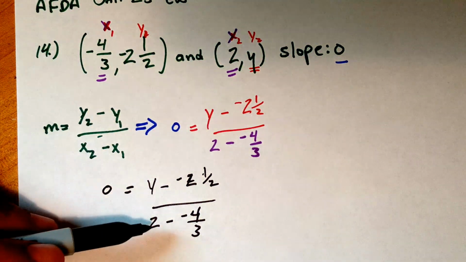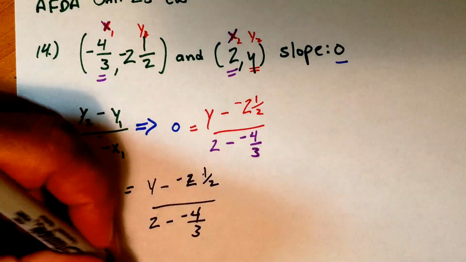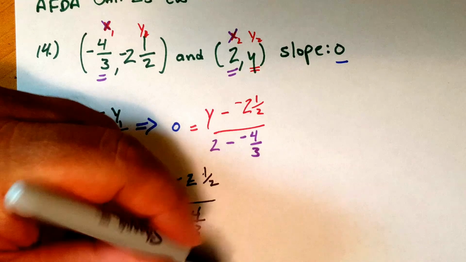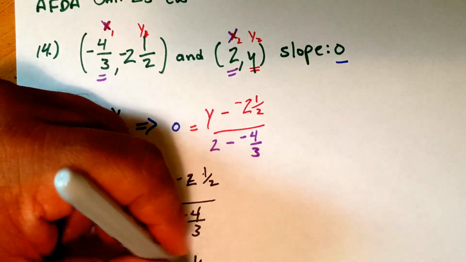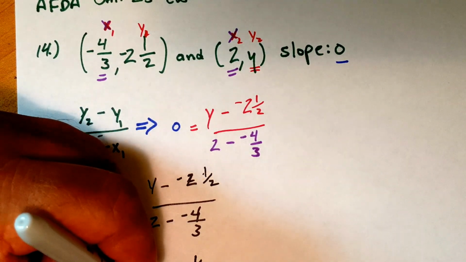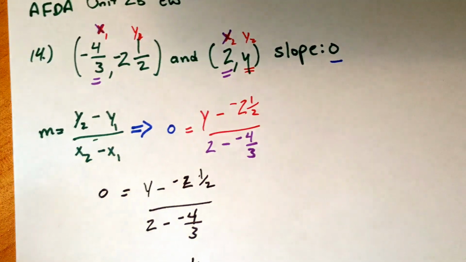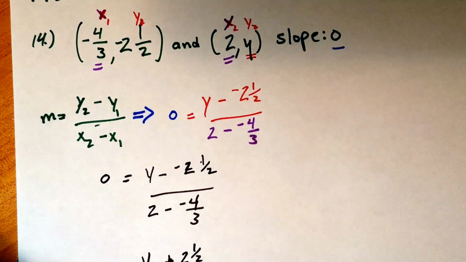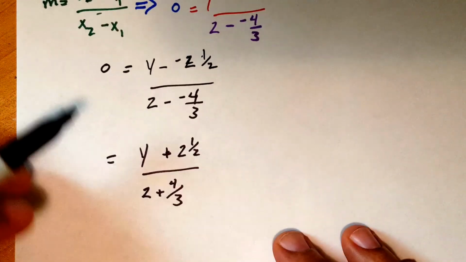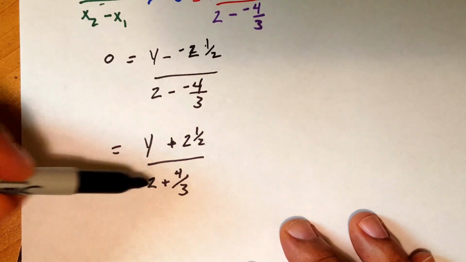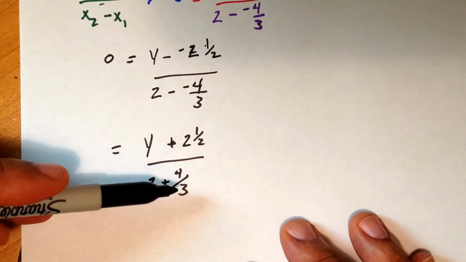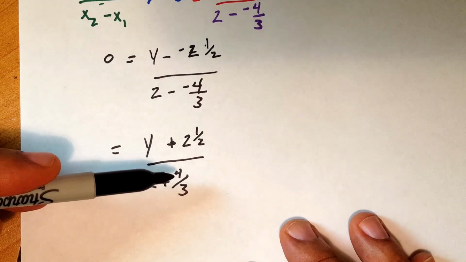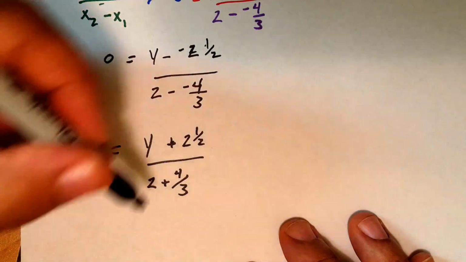So the first thing I'm going to do is 2 minus a -4/3. And I'm going to rewrite that. So 2 plus 4/3. So I know that 4/3 is the same as 1 1/3. 3 goes into 4 one time, making a whole, and I'm left with 1 extra, so 1 1/3.